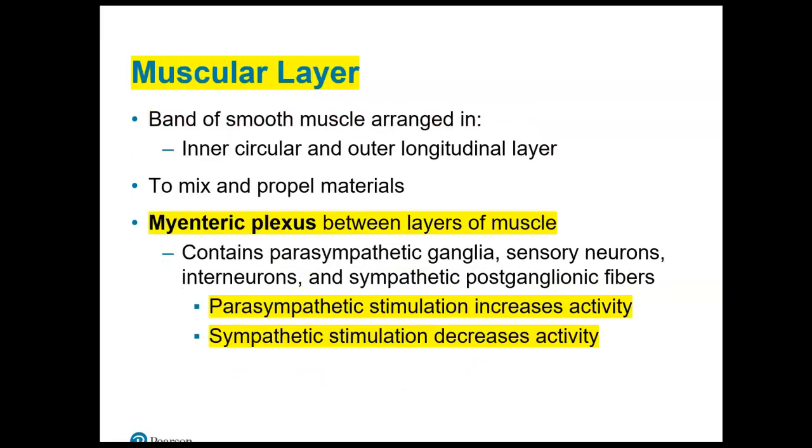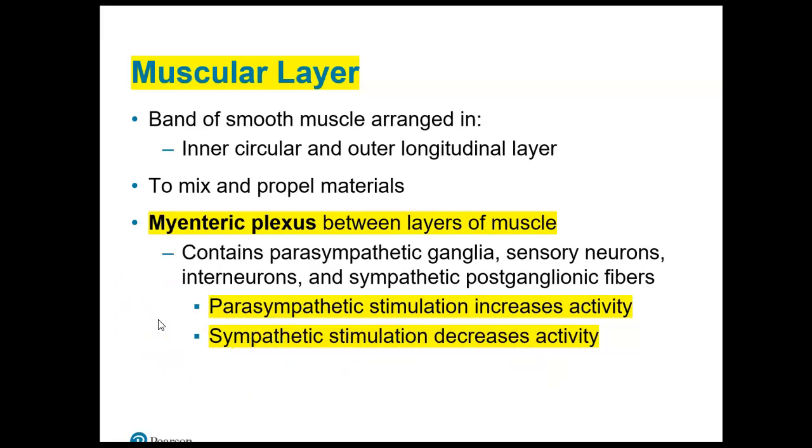The muscular layer, the muscularis mucosa, contains another nerve plexus called the myenteric plexus. And when this myenteric plexus is stimulated by the parasympathetic nervous system, it increases the activity of the muscular layer. And sympathetic stimulation actually decreases the activity.